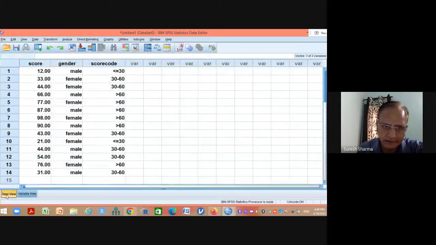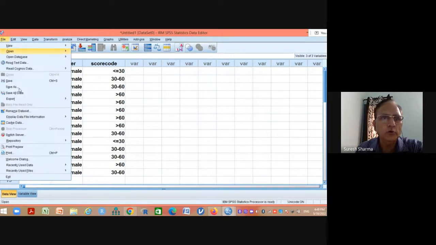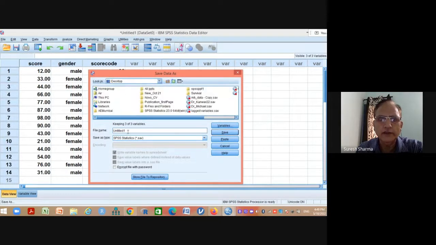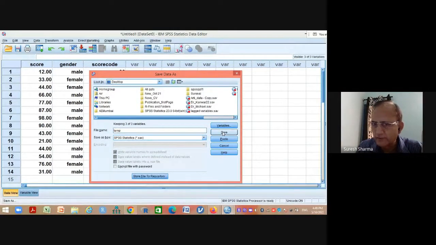Once these things are clear for each and every variable, you can go to file, then save as. Let's say I want to save this on the desktop, then you can give the file name. Let's say my file name is temp, and simply press save. Then your file will be saved on the desktop.